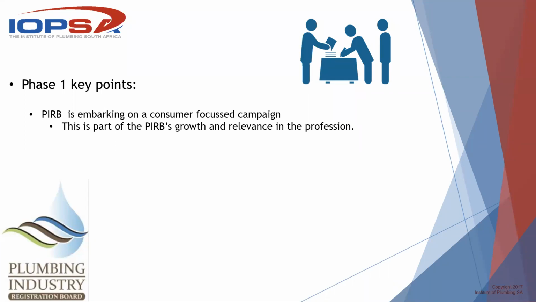So let's just take 3-4 steps back and look at how this came about, why it's being implemented and what it actually is. So the PIRB a number of years ago, I think, realized that the key market that they should be focusing towards in terms of advertising and awareness is the consumer.